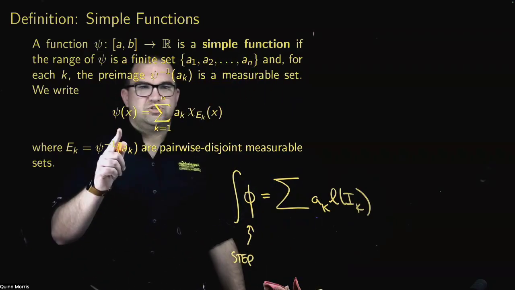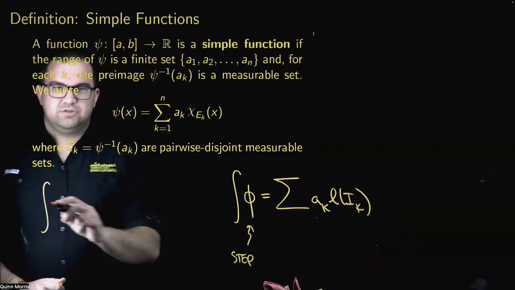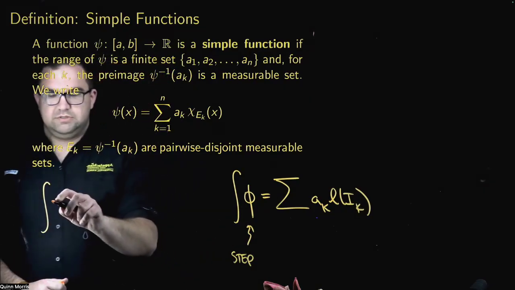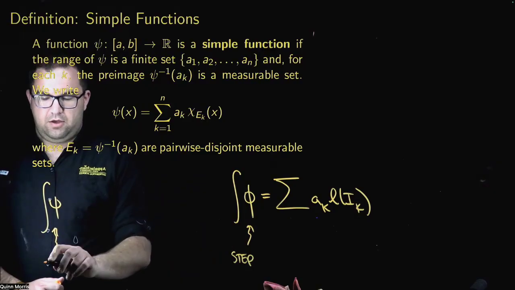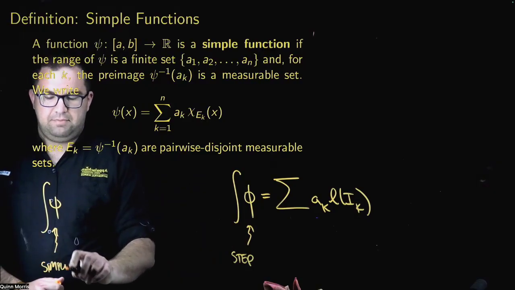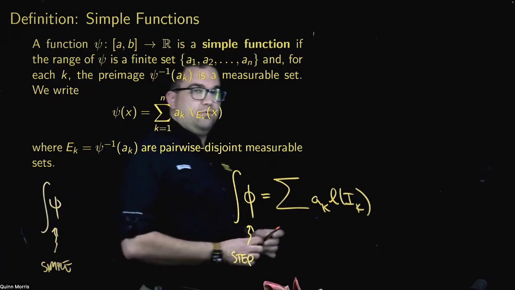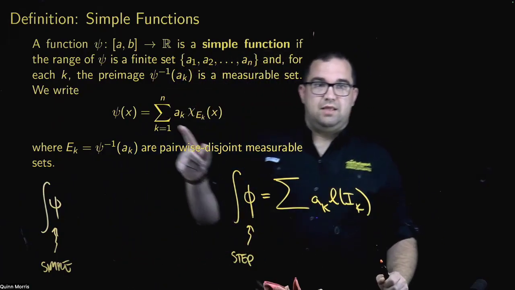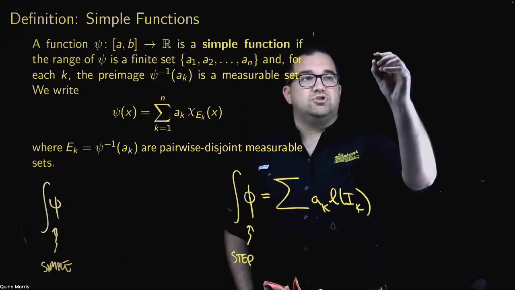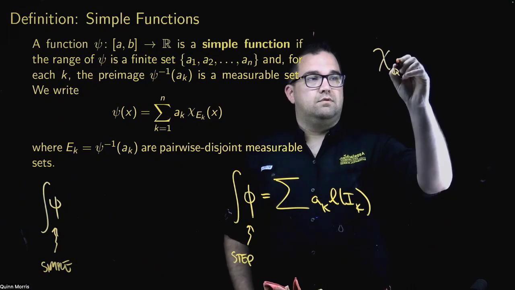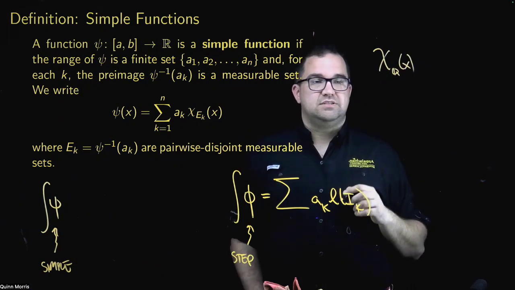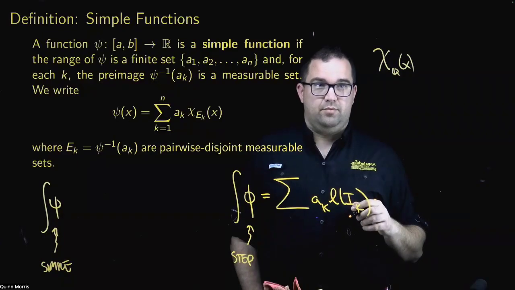What I'd like to do is generalize this from step functions to simple functions. Now I have a problem, though. These functions need not be Riemann integrable. The indicator function of the rationals intersect 0, 1 is not Riemann integrable.